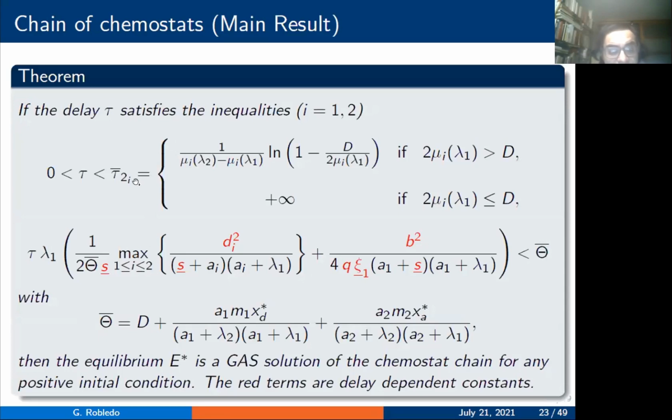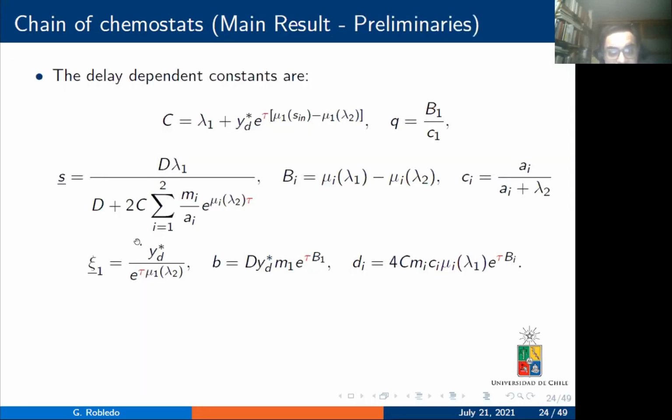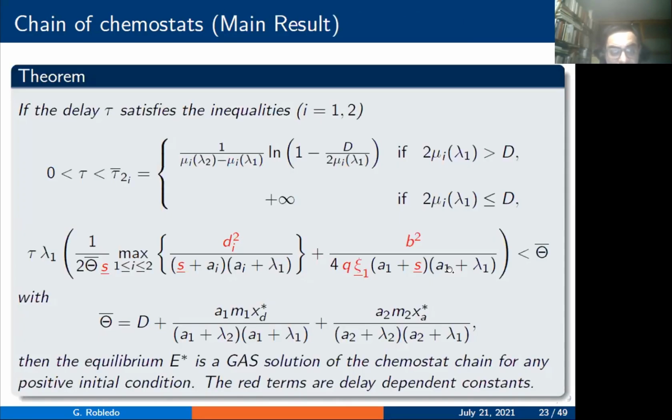The first assumption is an explicit bound for the delay, stated here, and the second inequality is an implicit bound for the delay. I say implicit because you can see some terms in red, and these terms are dependent on the delay. For example, S and T are terms which depend on the delay.